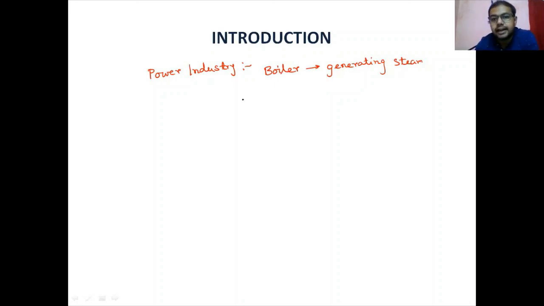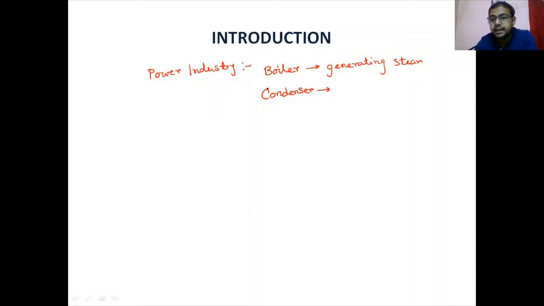Similarly, the condenser is making the steam into water. So in the power industry, the boiler is just a source and the condenser is a sink, and the heat engine between source and sink produces the power.